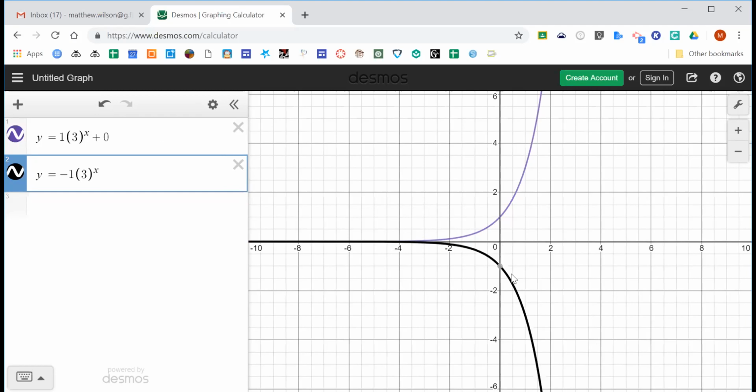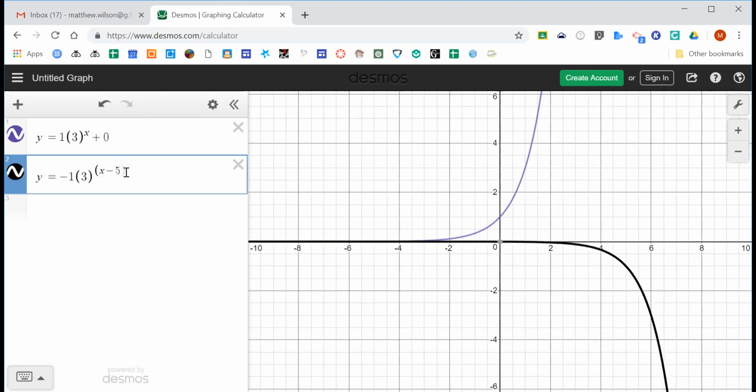So I want to see this y-intercept right here at 0, -1 move to the right 5. So I want to see this point right here move 1, 2, 3, 4 to right over here. And in order to do that, I need to make my change in my exponent. So I'm going to put parentheses around the exponent, which is just shift 9, -5. Did that do it?